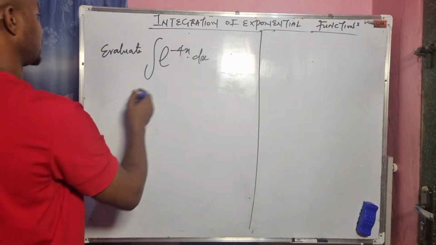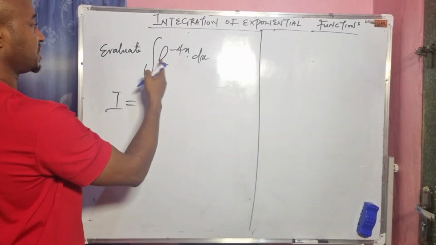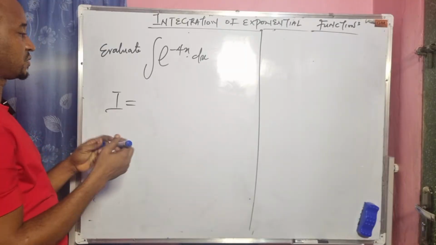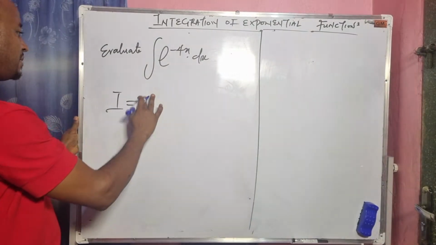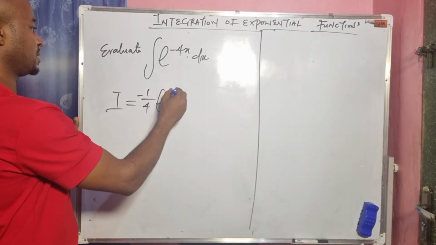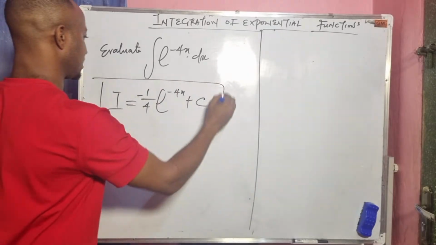Definitely, if we are to solve this, differentiating minus 4x gives us minus 4. So this will give us minus 1 over 4 exponential minus 4x plus c. This should be the answer, right?